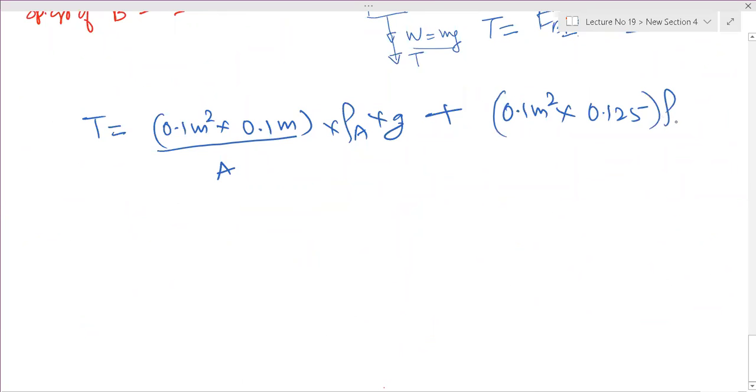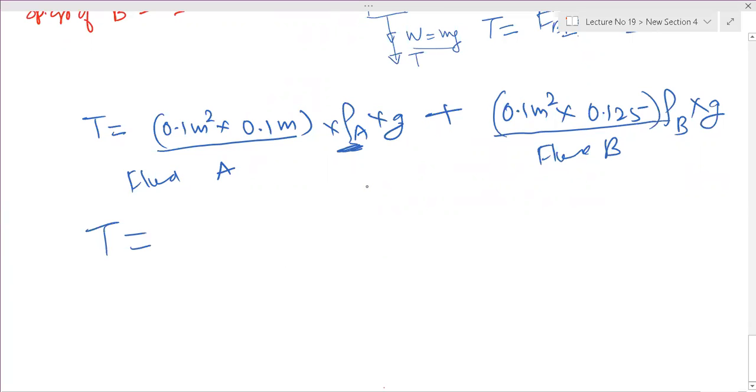And this is your B, and then you have g. This is the volume of fluid B, and this is fluid A, so I have written density of A here. Now you can estimate the tension T.